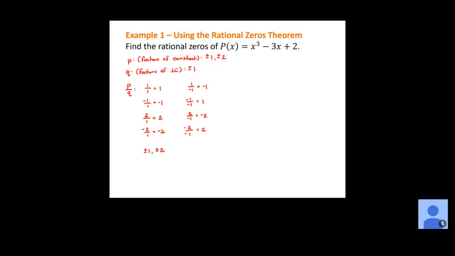The easy way to do this is just to say, well, 1 divided by 1 is 1, and because they're both plus or minus, we know it's going to be a ±1. 2 divided by 1 is 2, and because they're both plus or minus, we know it's going to have a plus or minus. So that gives us our P over Q value. You don't actually have to go through every single possible combination. We can just do this value divided by this value and put a plus or minus, and then the 2 divided by the 1, and then put a plus or minus. Okay? Any questions about how we got those P over Q values now?